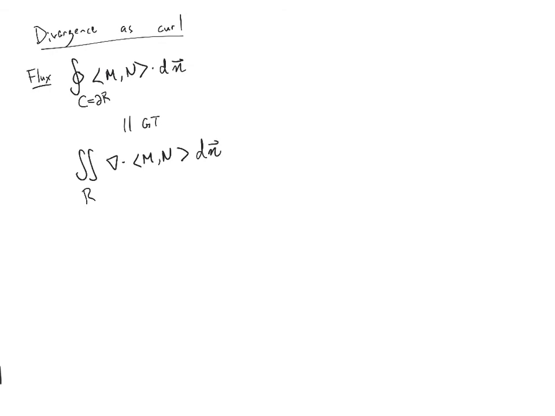Right? So this is the divergence of m comma n. Now, I can compute what that divergence is. The divergence is mx plus ny, right? And I wrote a dn, but this should be a dA here.